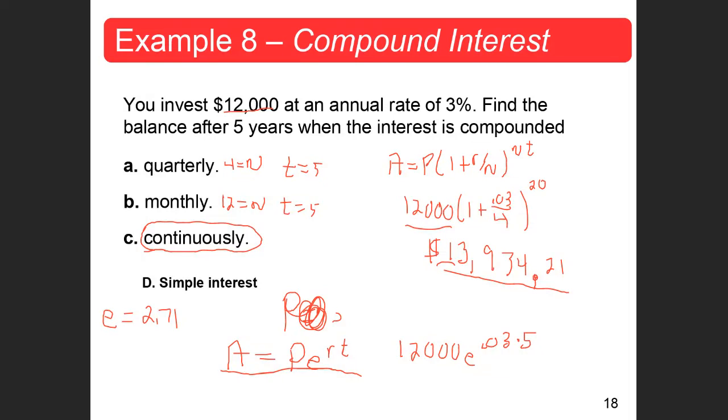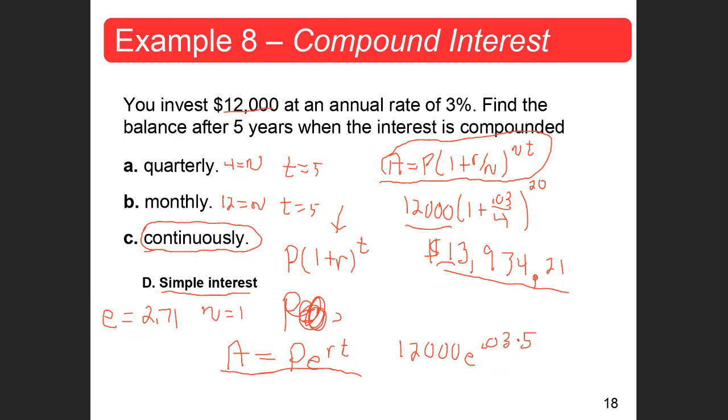Now, simple interest is just a straightforward P times (1 plus rt), because with simple interest you don't compound at all. You could use the same formula if you wanted to. These formulas are exactly the same if n is equal to 1, and that's what simple interest means.